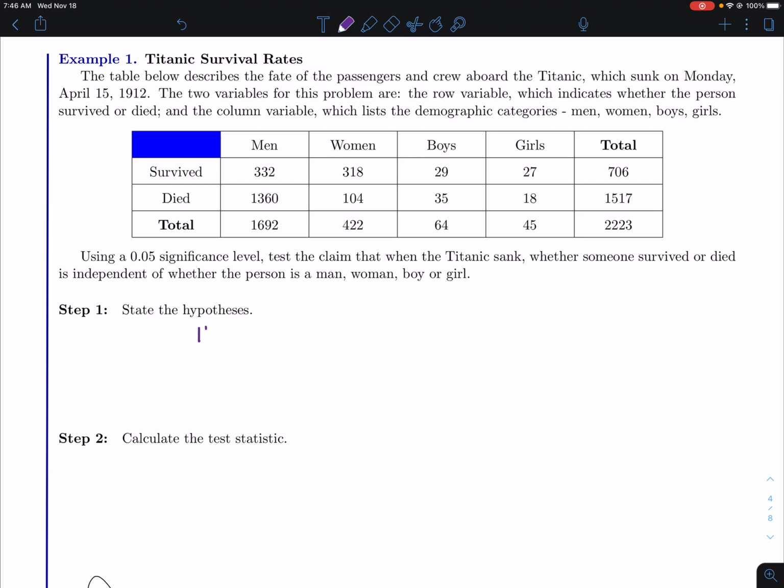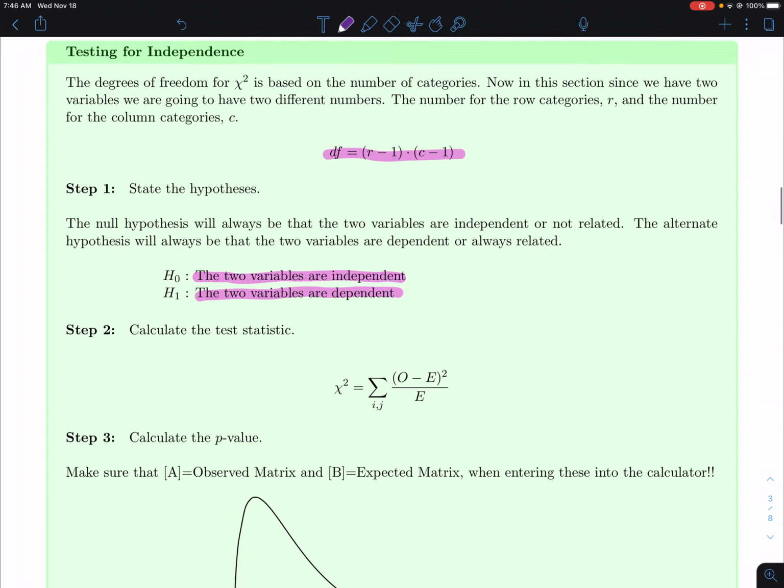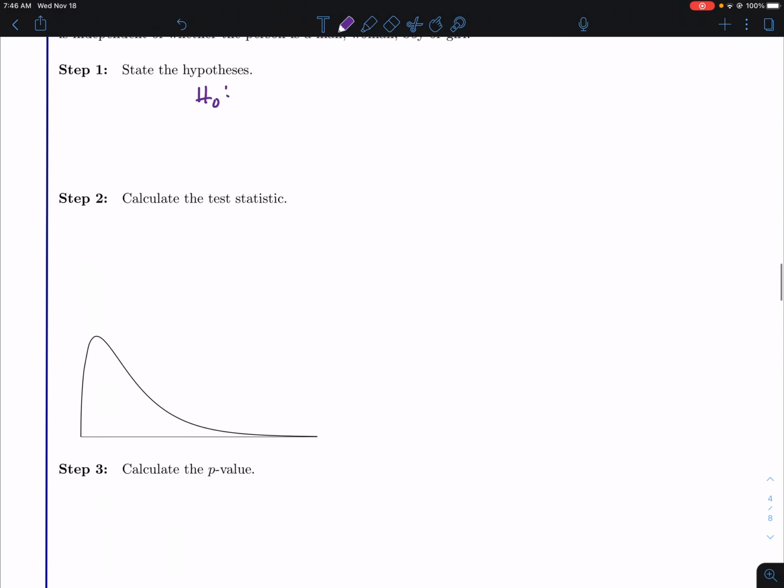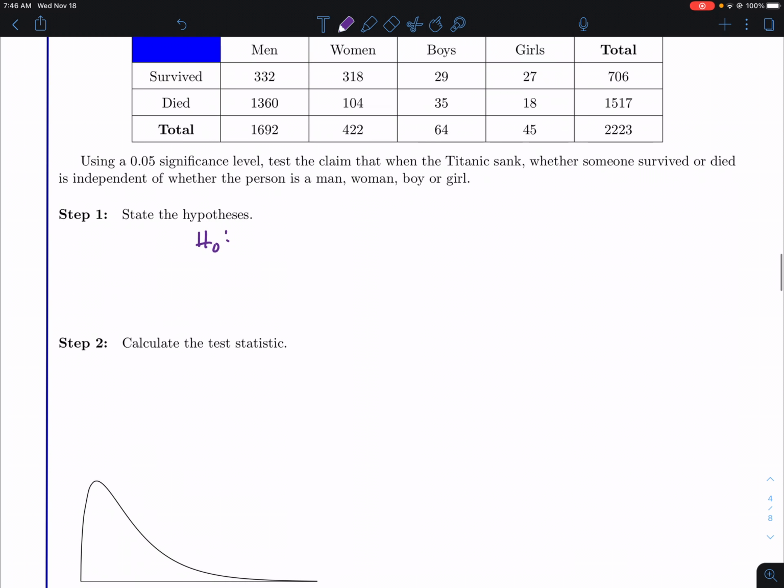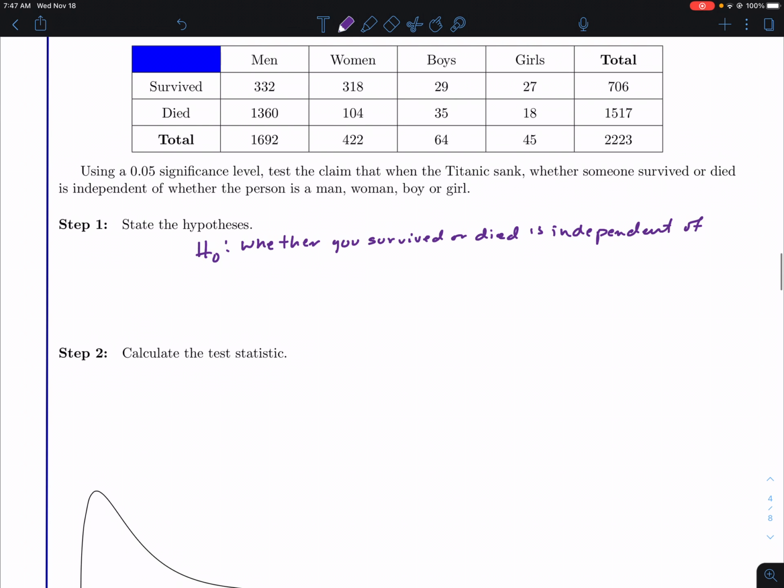All right. So our H naught is that just like we have up here, the two variables are independent. So in this case, whether you survived or died is independent of whether you're a boy, girl, man, woman.